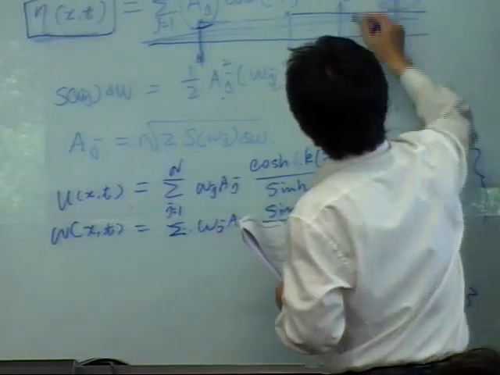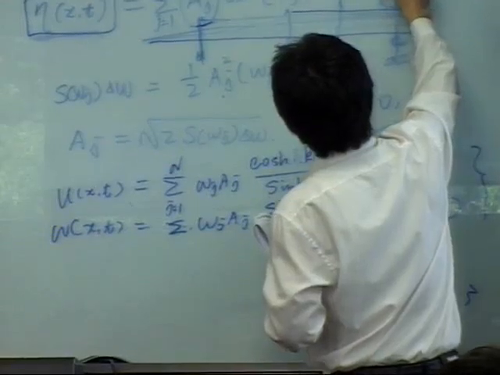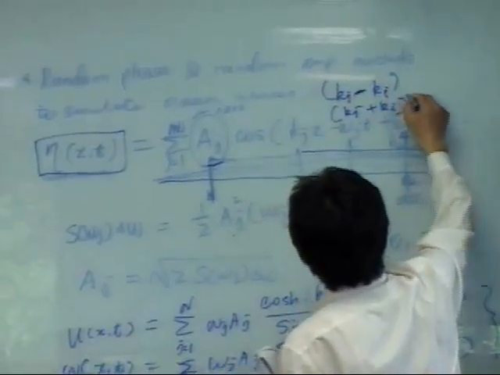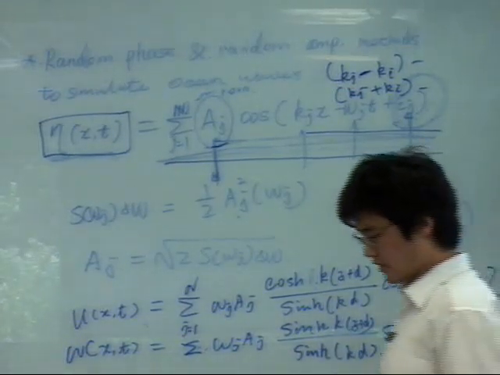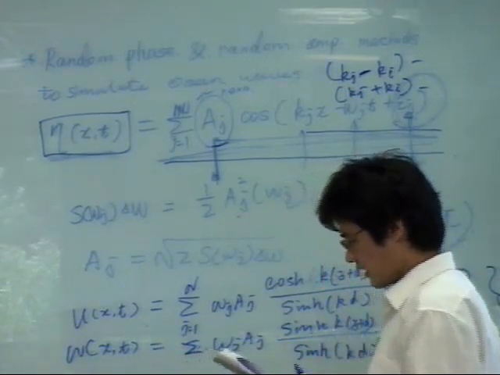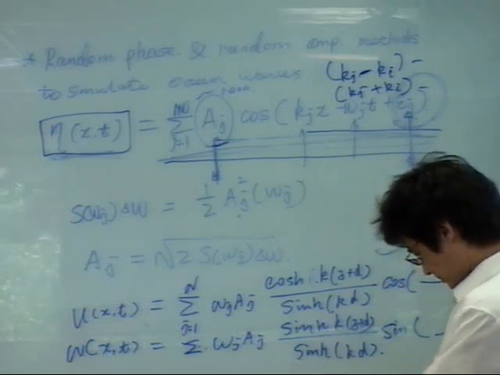So we're going to consider k_j minus k_i, k_j plus k_i. Those are called sum and difference frequency terms. Those are second order effects. We're not going to discuss this in this lecture.